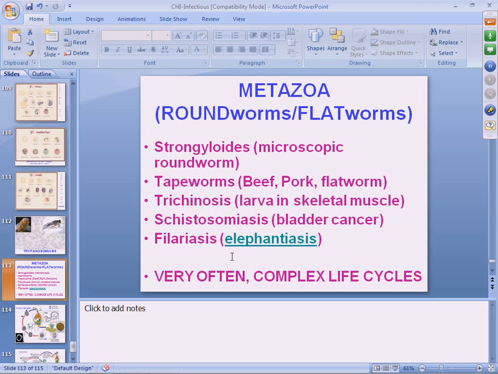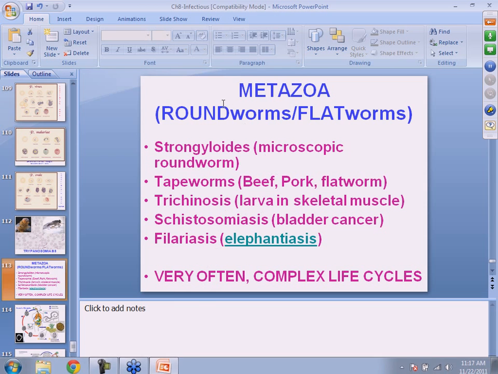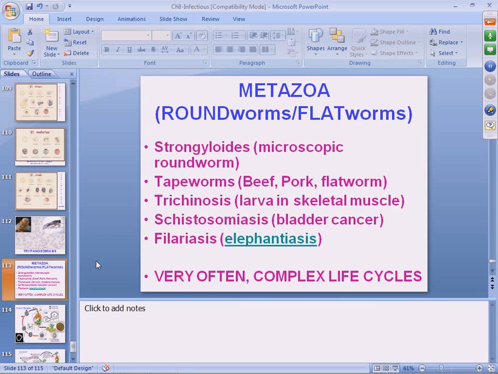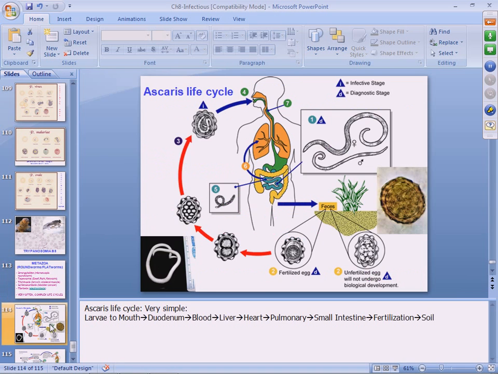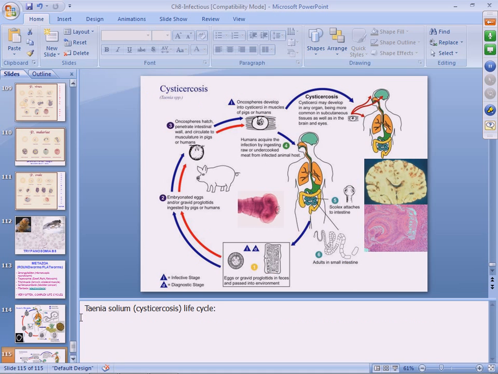You've seen them all. I don't think I've ever seen a pathology book that didn't have a picture of somebody's scrotum hanging down to their knees practically, simply because the lymphatics of the lower extremities were completely plugged with these little worms. And once again, metazoans, these would all have complex life cycles. We've done that, and we've done that, so I don't think it's worth doing again.